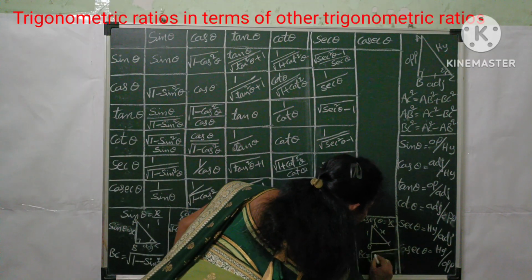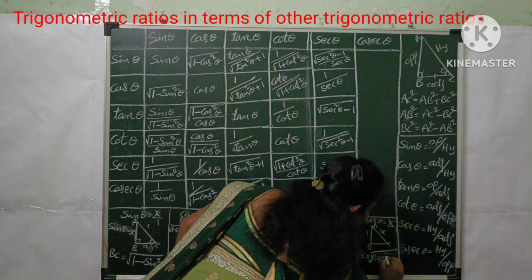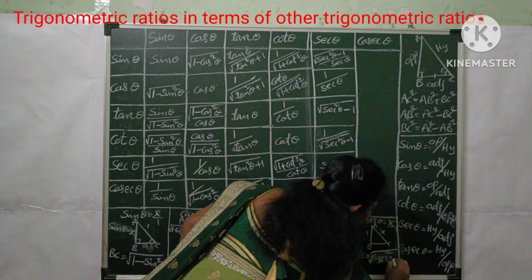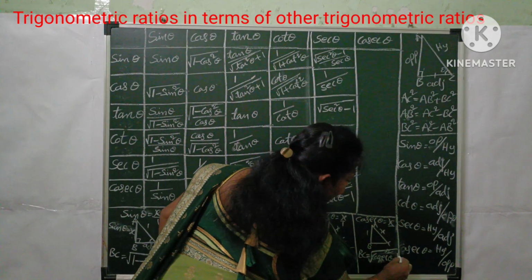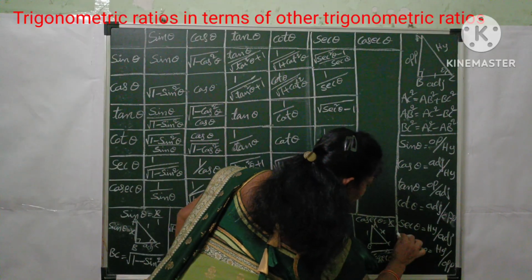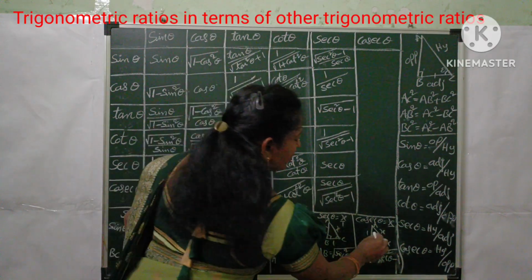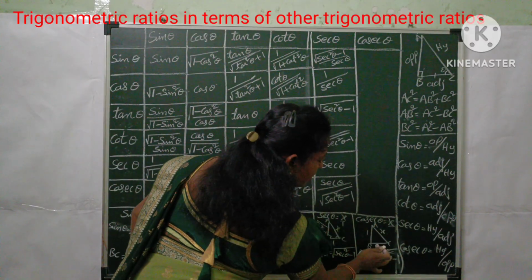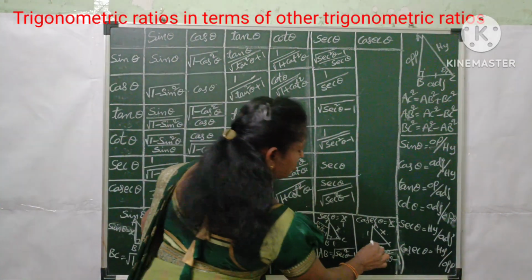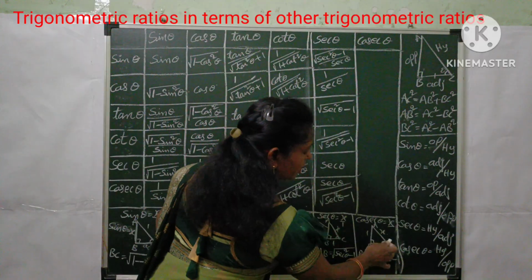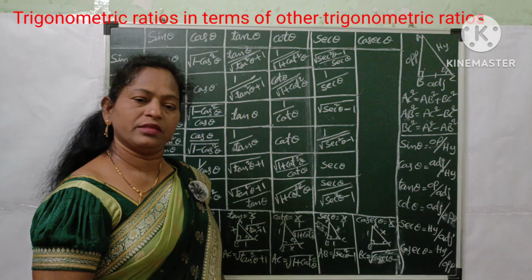Equal to square root of cosecant square theta minus 1. Now here x means cosecant, and the adjacent side is square root of cosecant square theta minus 1.